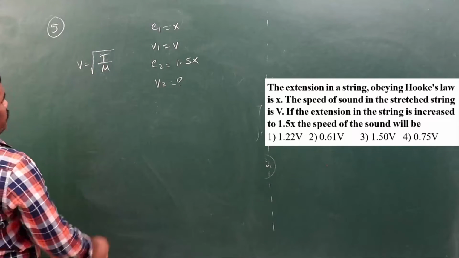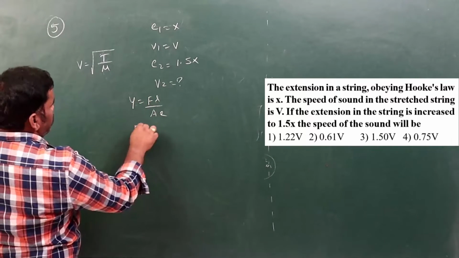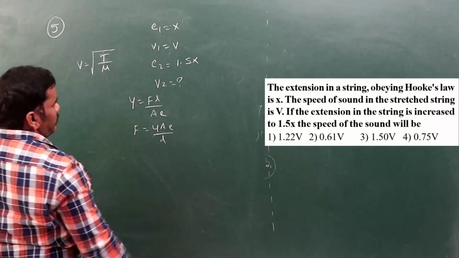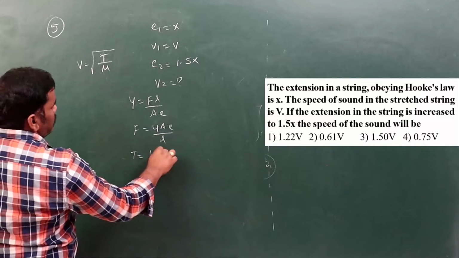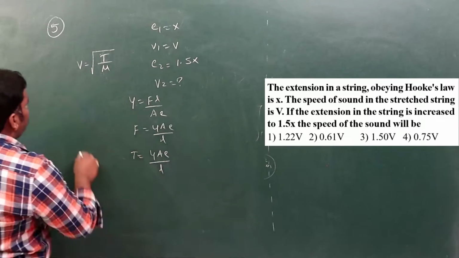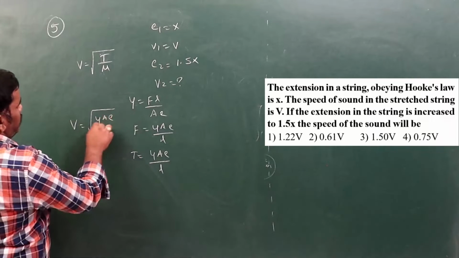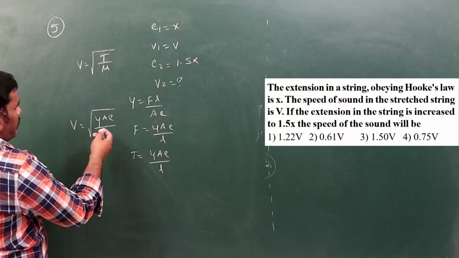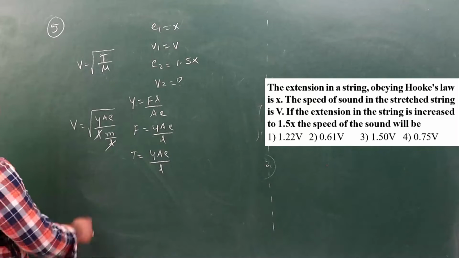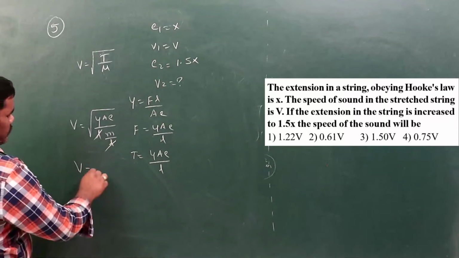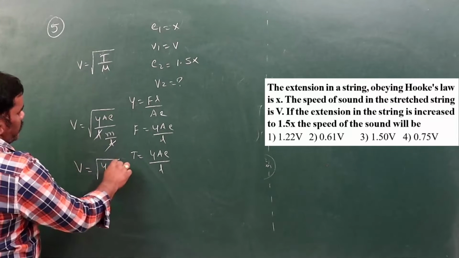In strings F is nothing but tension, equal to YAE by L. So velocity v is equal to under root of YAE by L into, linear density written as M by L. This L gets cancelled.